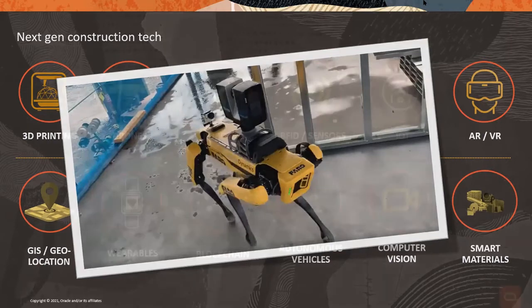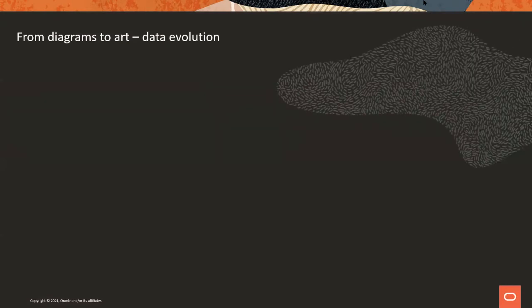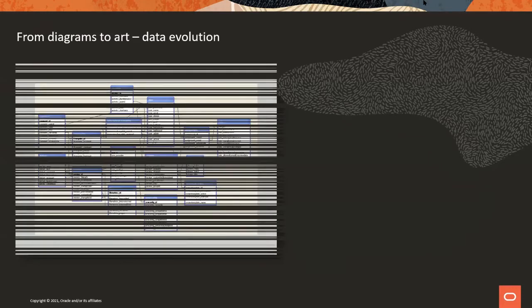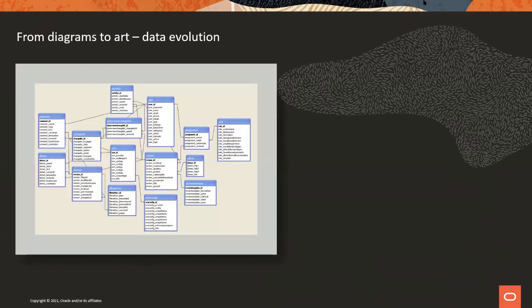So what's interesting is that all of the data that's being created is changing the perception of what we know as data. So think about this. 20 years ago, or perhaps 25 years ago, when we talked about data, this was the mental model most people had: tables and relationships and primary key and foreign key.